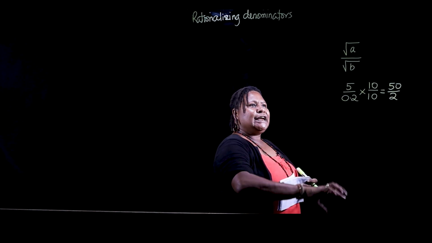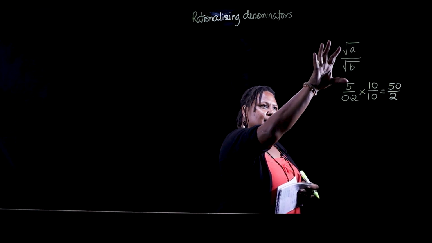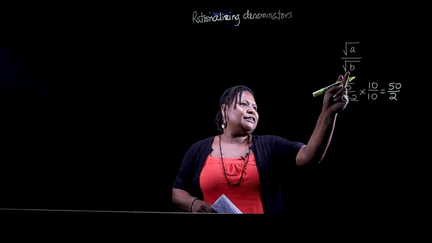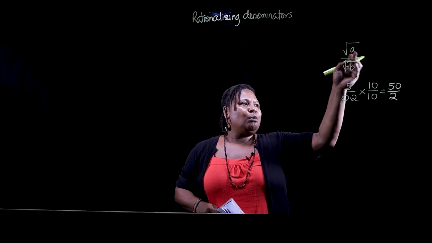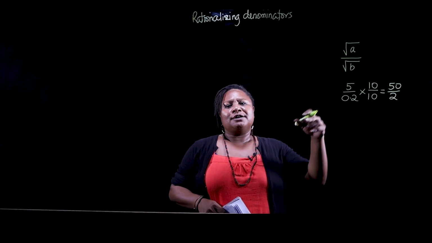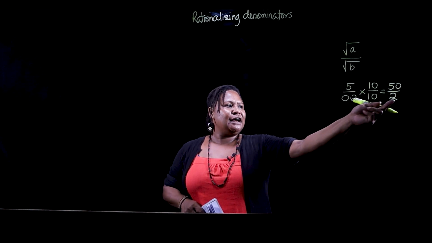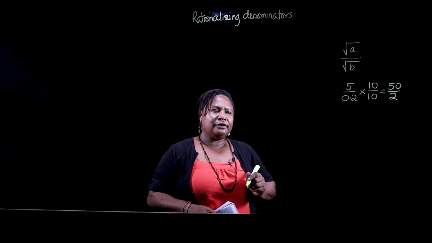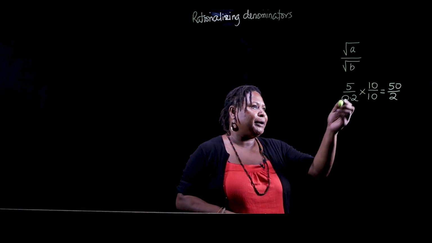The same idea is translated to surds. We multiply this denominator by the radical so that we can make the number rational.